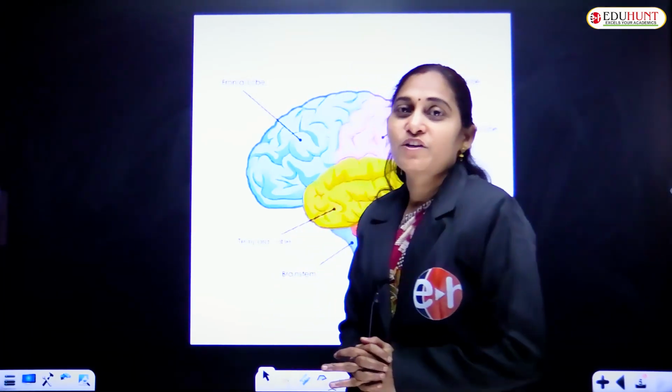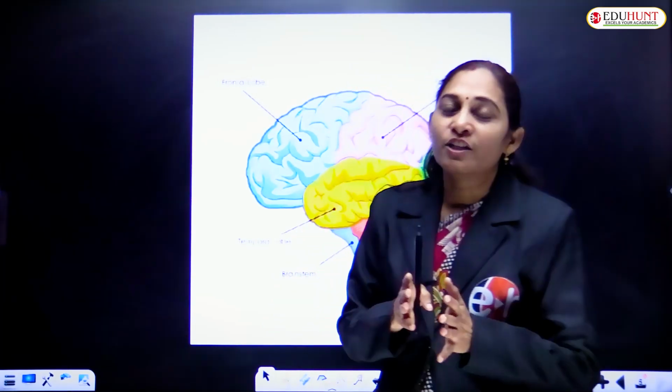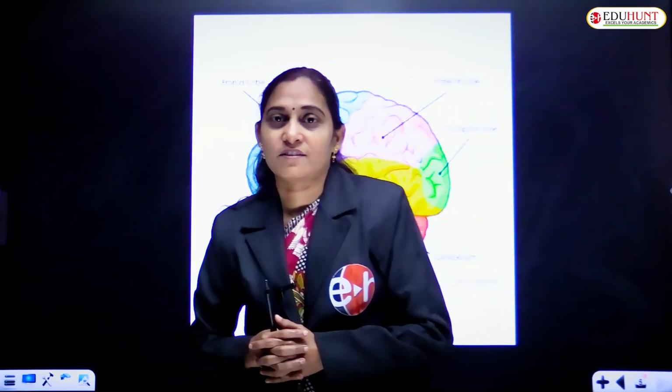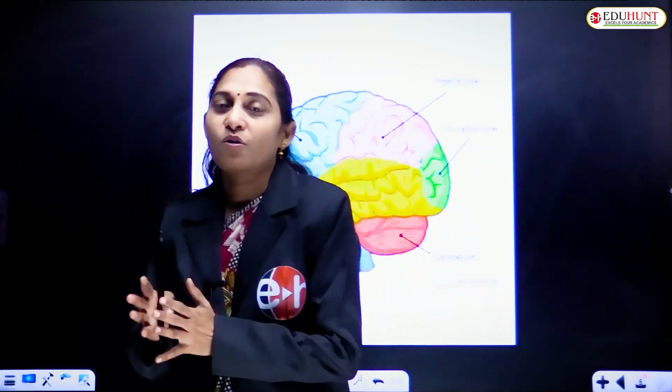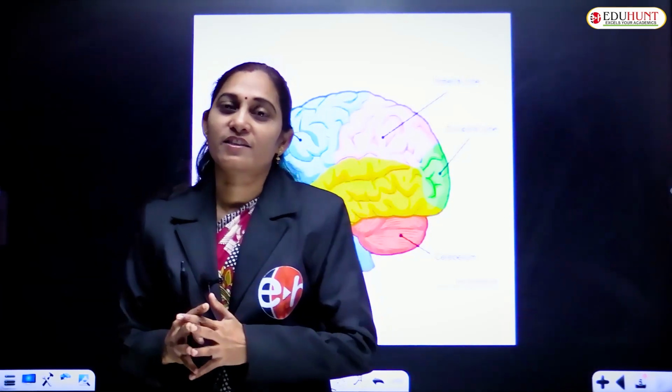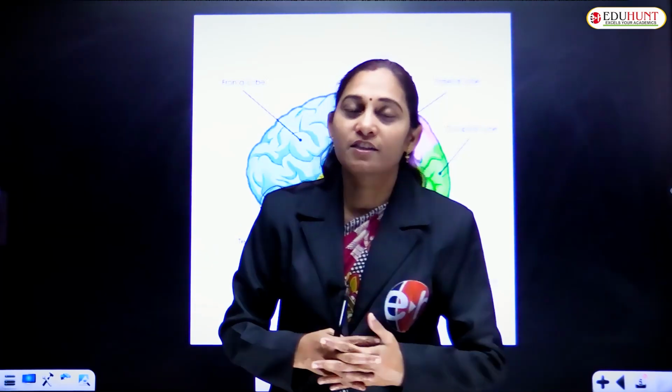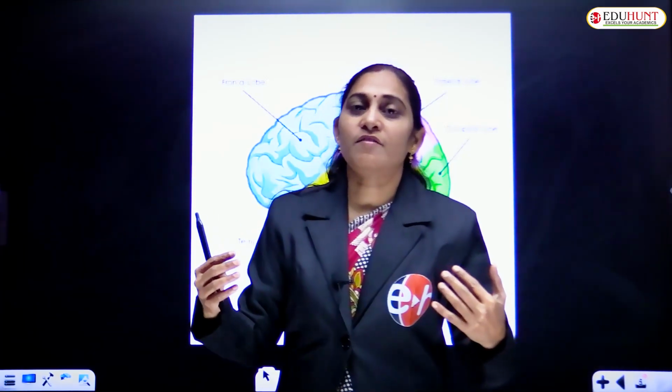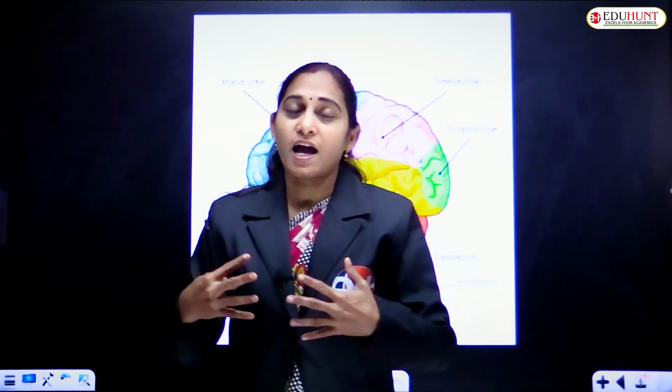And the second module starts with neural coordination. Control and coordination. Neural coordination, what is this? Coordination is nothing but a synergy, a collective work, collective action in the body.